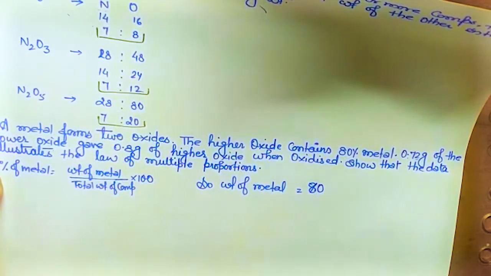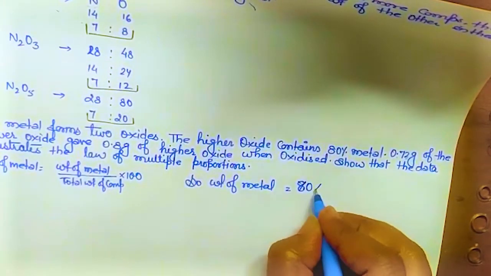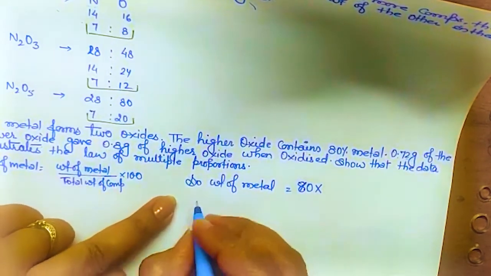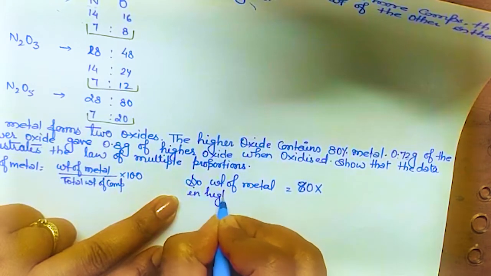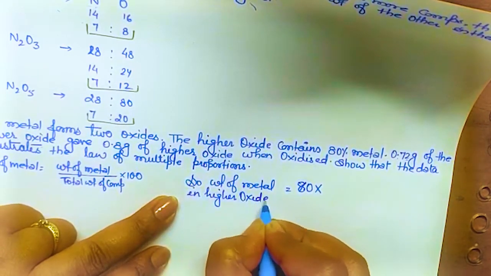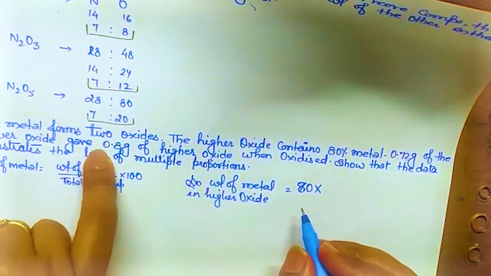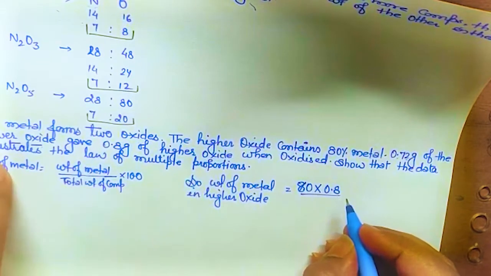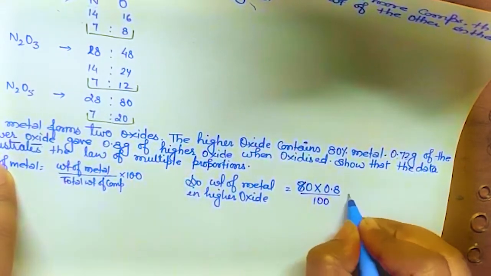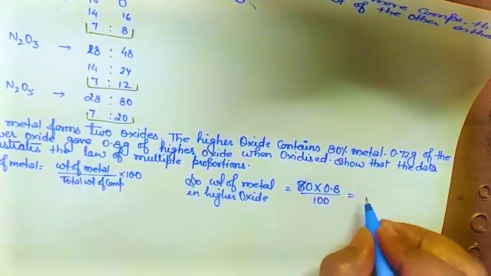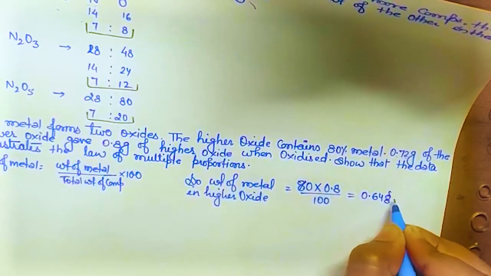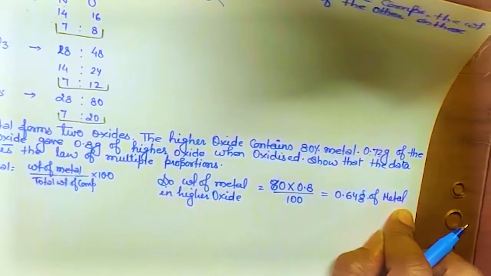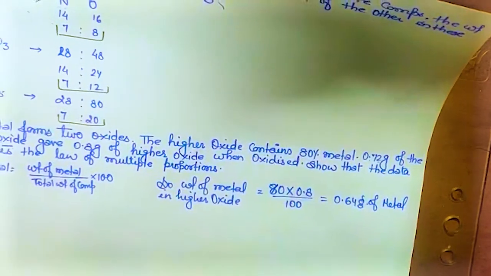So let me directly write the formula: 80 times the total weight of the compound, which in the higher oxide is 0.8 gram, upon 100. So this will be 0.64 gram of metal. Got it? So it means that 0.64 gram of metal is present in both the higher and lower oxides.